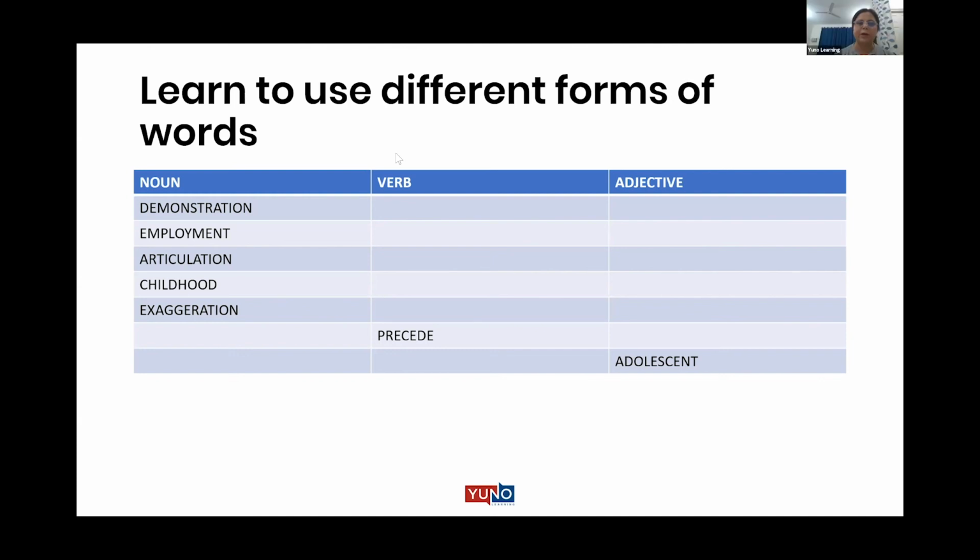Adolescent. Do you have any noun form for adolescent? Adult? No, adolescent. In age between childhood and adult. Right, a teenager.